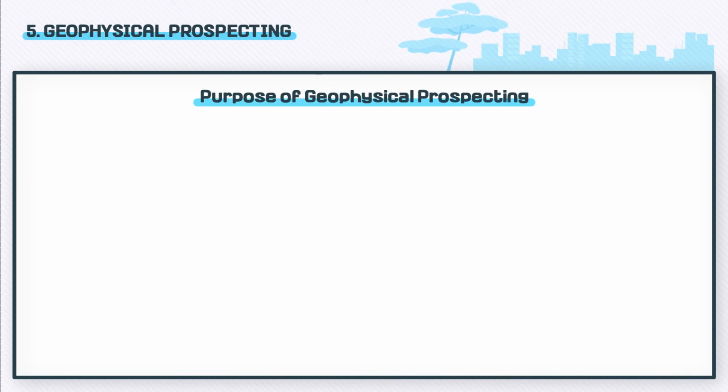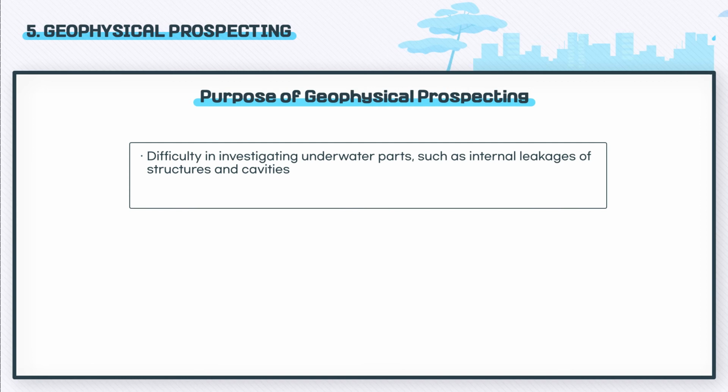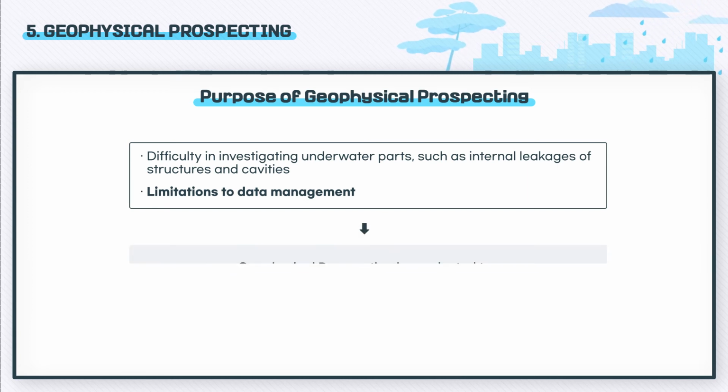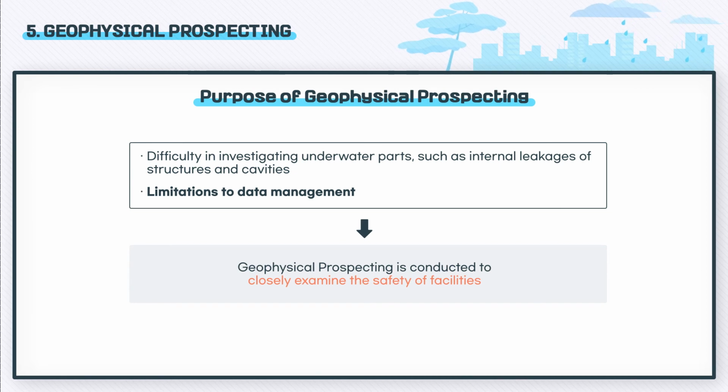Based on naked eye investigations and durability tests, there are difficulties in exploring leaks and cavities on the inside of structures or investigating underwater parts, and there are limitations in managing digital data. This is why geophysical prospecting is needed in order to conduct a closer examination on the safety of facilities.